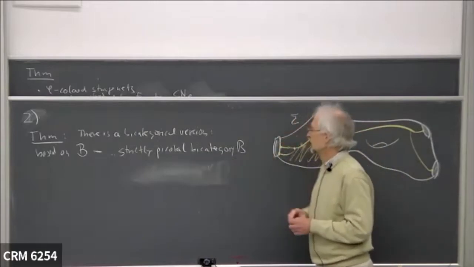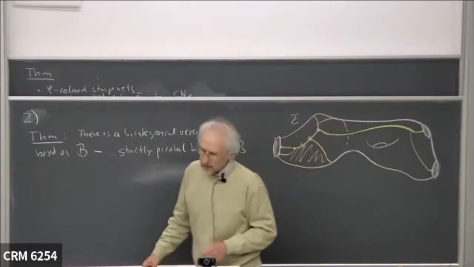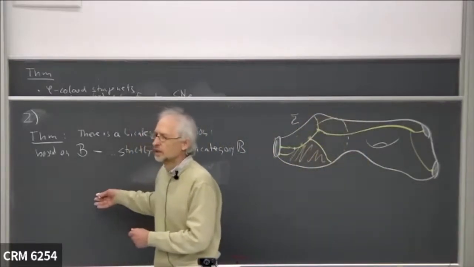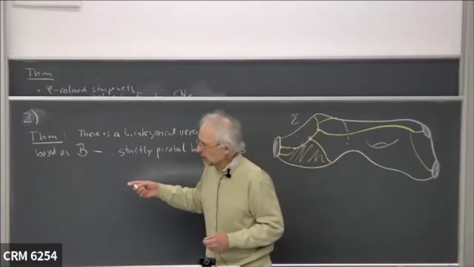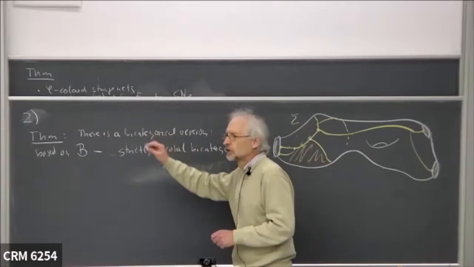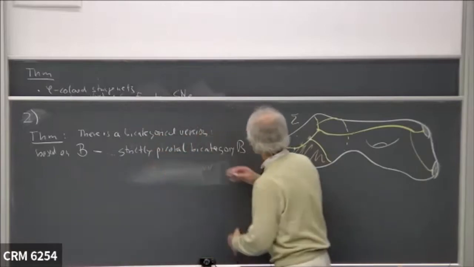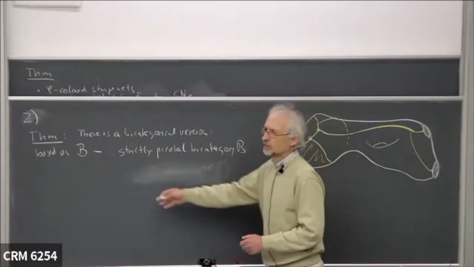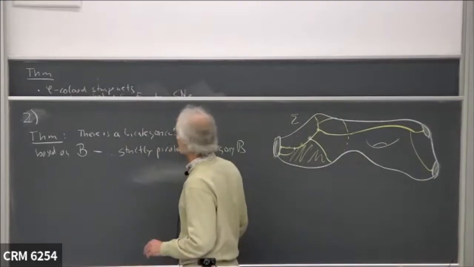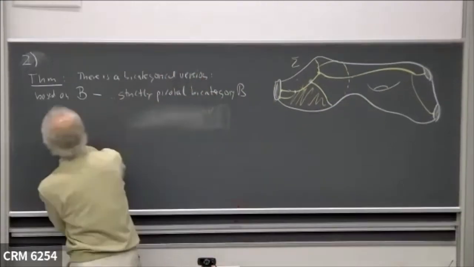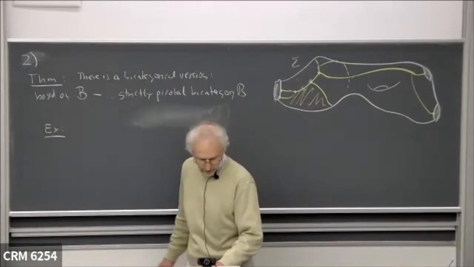Here a strictly pivotal bicategory allows us to set up a string diagrammatical description where we do not need rectangles for coupons, but we can have circular coupons, and so we can work in disks rather than in rectangles. And let me give two examples. These are important examples for the application.